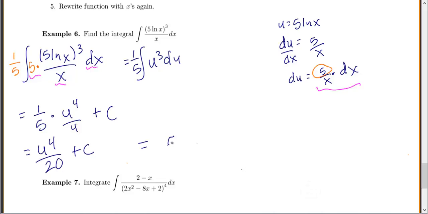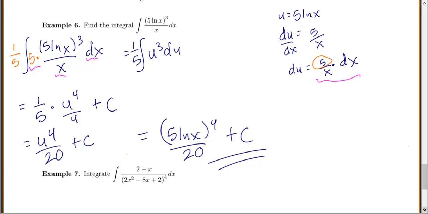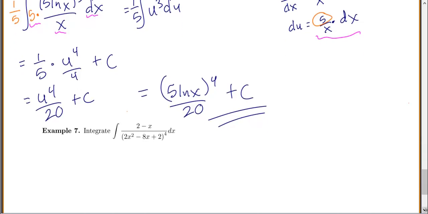So this will be (5 natural log of x) to the power of 4 over 20 plus c. So again, this one was very much like what we've been doing, but our du needed a 5 and we didn't have a 5. So we can put the 5 in, but then we need to put a 1/5 on the outside to keep it balanced. We're going to do the same thing in our next example so you can see it again.